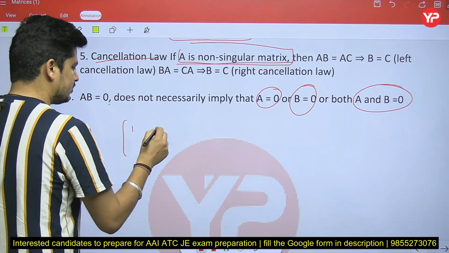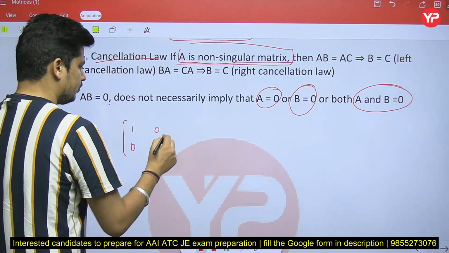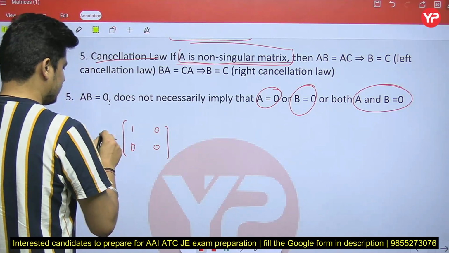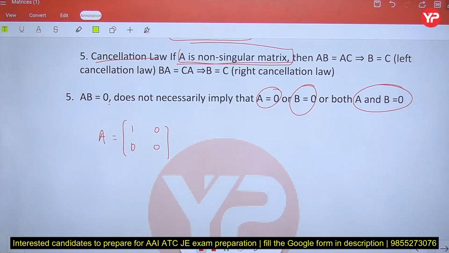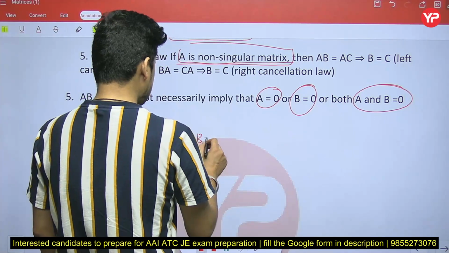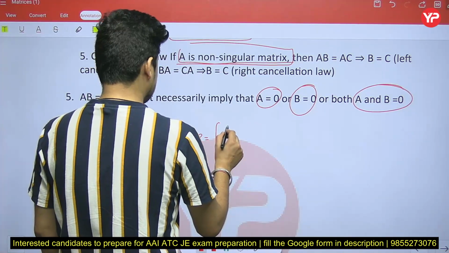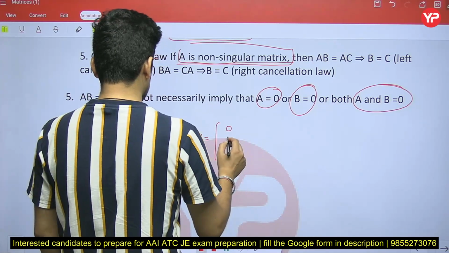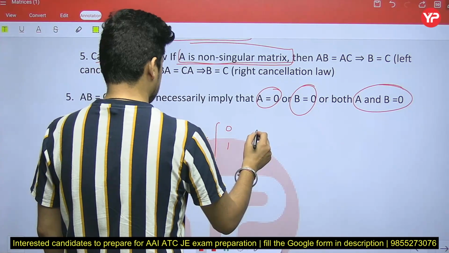Remember, let's take the matrix A as 1 0 0 0. It is not a zero matrix. Let's take a B matrix with elements 0 1 0 0.